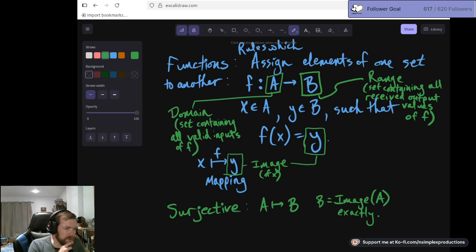The inverse can be defined on all of B. Oh, right. Okay. Yeah. That makes sense. Right. So B is going to be equal to the image of A exactly, whereas injective just means that there is a 1-to-1 correspondence.